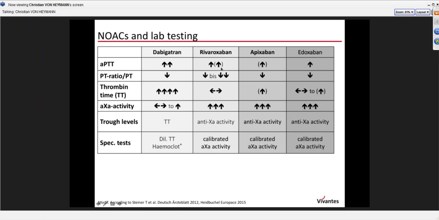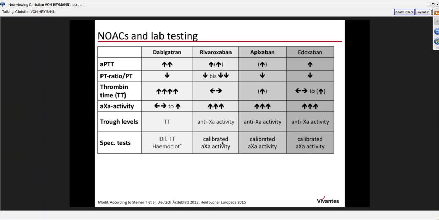If you want to measure rivaroxaban or other factor Xa inhibitor levels, you have to use the anti-10A activity, or even more specialized, a calibrated anti-10A activity to definitely know what the level is. Is the level prophylactic or still therapeutic of the 10A inhibitors? So it's not that easy with the standard coagulation lab that we normally use for the assessment of the coagulation system in the preoperative setting with NOACs.